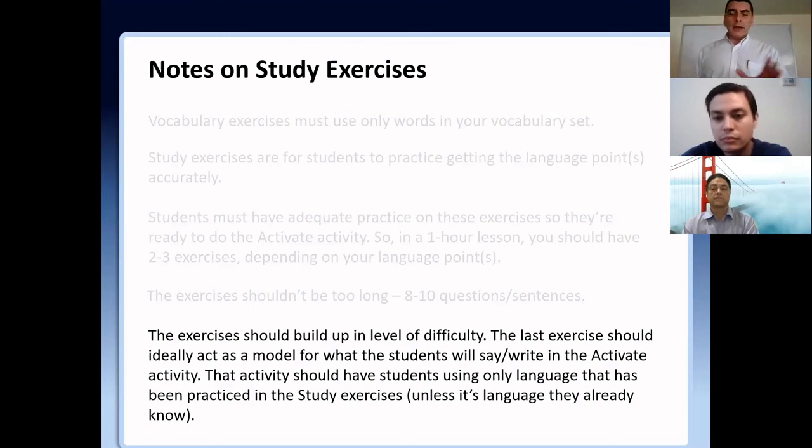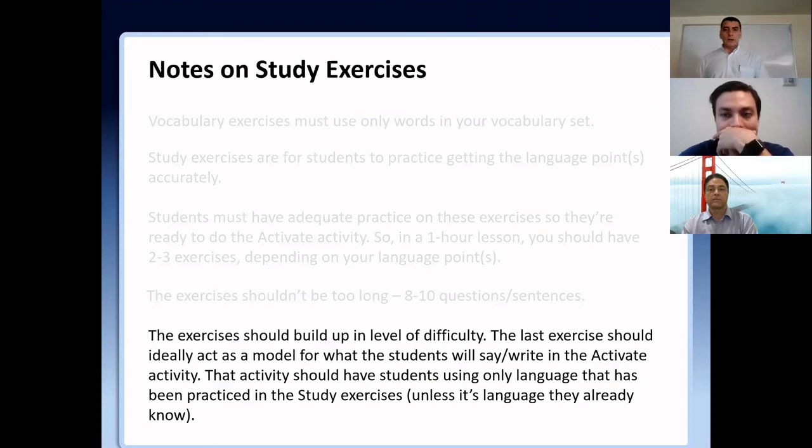Bearing in mind that whatever activity you've got for your activate, the students should be using only language that's been covered in that lesson. They can certainly use language they already know in conjunction with that, okay? But certainly don't have any language that they haven't done yet.